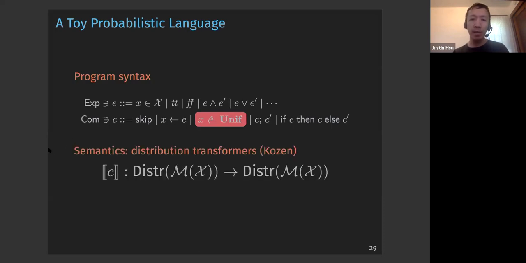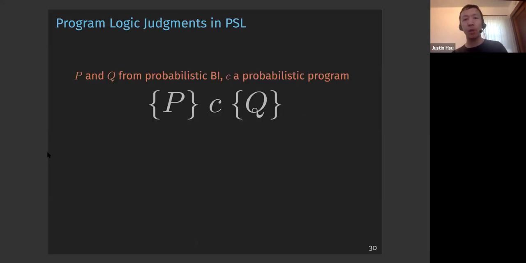For the semantics, we take the standard semantics as distribution transformers due to Kozen, where a program transforms a distribution over memories to another distribution over memories. In our very simplified language, there's not even non-termination, so it's really a proper distribution to another proper distribution. Then we can use our atomic formulas and the probabilistic version of BI as assertions to talk about probabilistic programs.